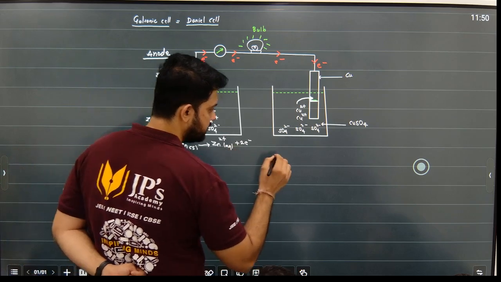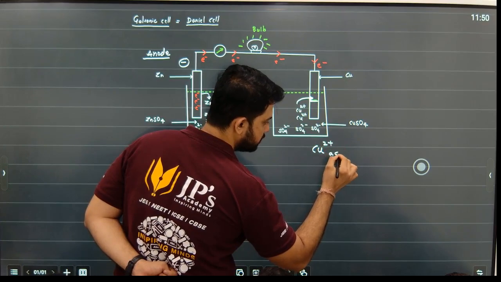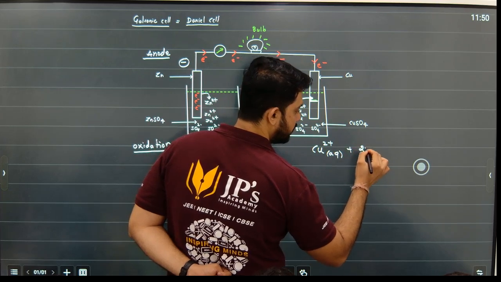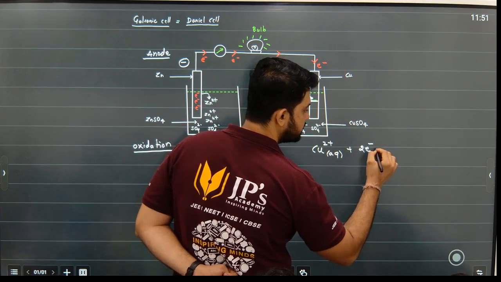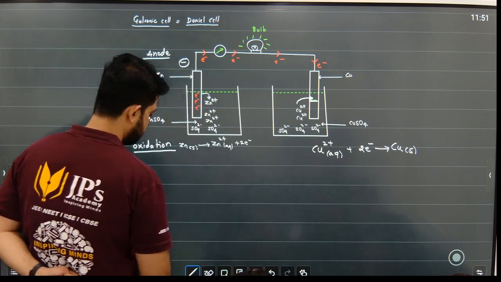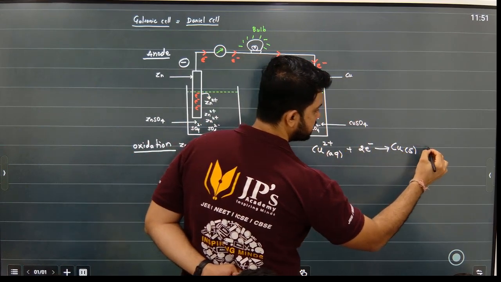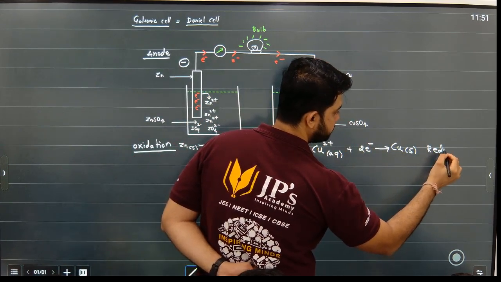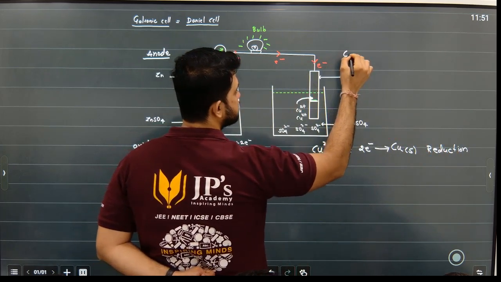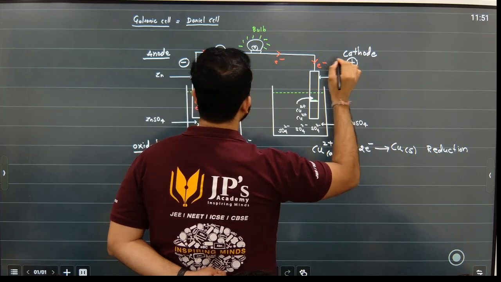So what happened on this side? Cu2+ ions from the solution accepted the 2 electrons and this got deposited as metallic copper. Excuse me. That was oxidation. The process of gaining electrons is called reduction. The electrode on which reduction takes place is called the cathode, and the cathode here has what charge?